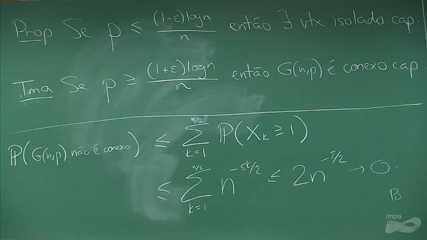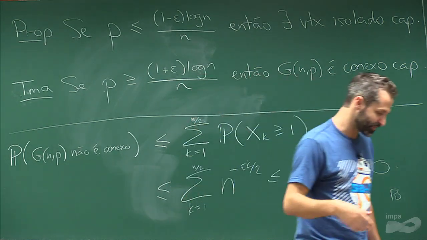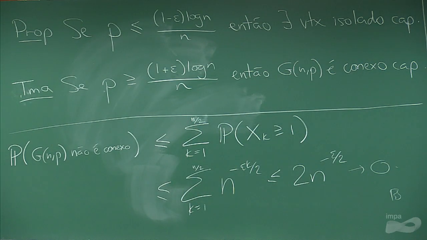So you can already see in this proof that the obstruction, at least, is isolated vertices. And this also shows up in the threshold. I should say that something actually much stronger is true. If you do this more carefully, you can see exactly where the transition happens very precisely, just by doing this calculation more carefully.